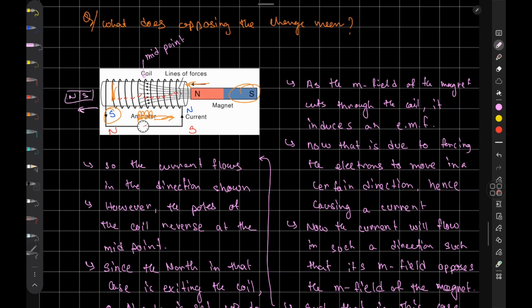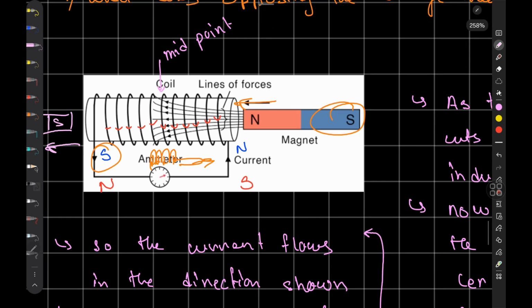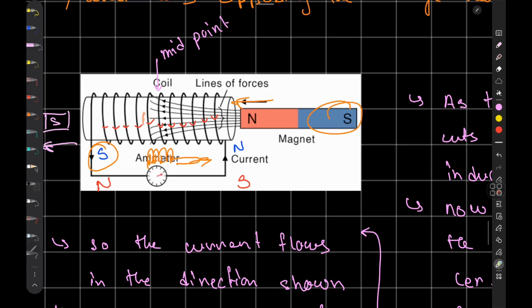Now good. Now the one more thing I will add over here: when the north was entering, well, current is in this direction that you see, the red downwards direction that you see, and you know when it's in the middle position, exactly middle, north and south, momentarily the current is 0. Momentarily the current inside is 0, right?